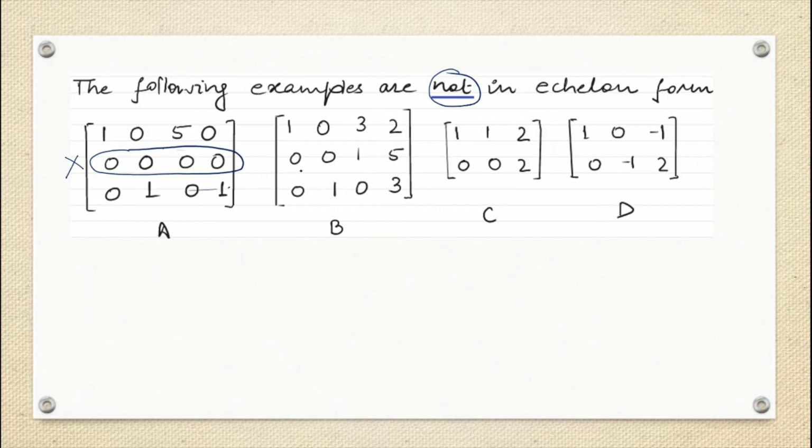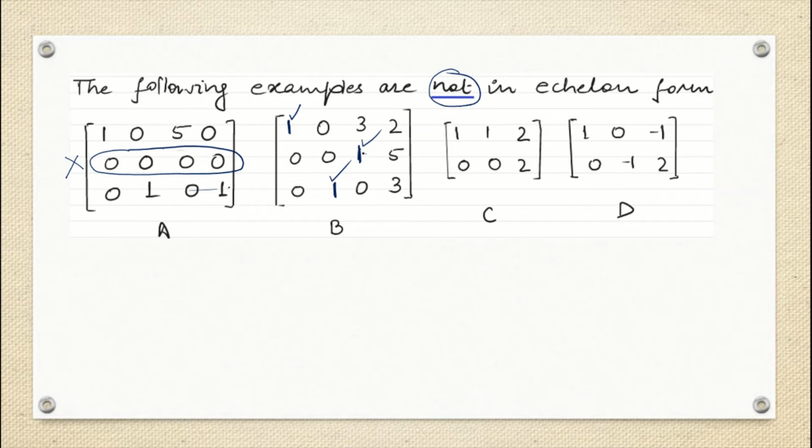What about my second matrix? So here we don't have any zero row. Fine. So the first criterion I'm not worrying about. But the second criterion is what? The very first element which is not zero should be 1. That is okay. And the leading one of my second row is on the right-hand side of my previous leading one.